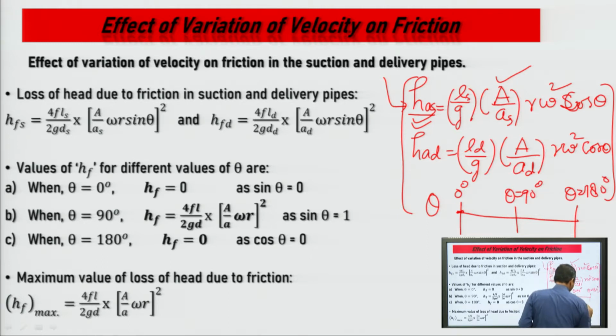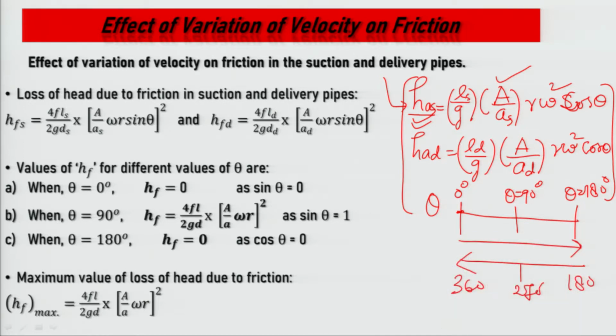This is the suction stroke, and the other is the delivery stroke, where it goes to 270 and then 360. We discussed this in detail in the first session of the reciprocating pump. At the beginning there is no effect, and H_A equals 0 at the middle of the stroke.